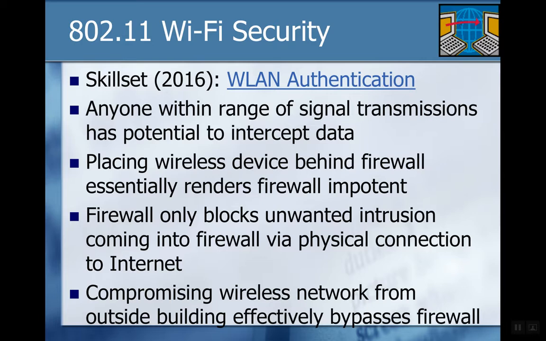The risk you run with 802.11 is that it's a radio signal, so anybody who can pick up radio signals could potentially attack. If you put a wireless device behind the firewall, you've basically made the firewall useless. So you have to design your wireless networks in such a way that your firewalls are not compromised by a wireless connection.